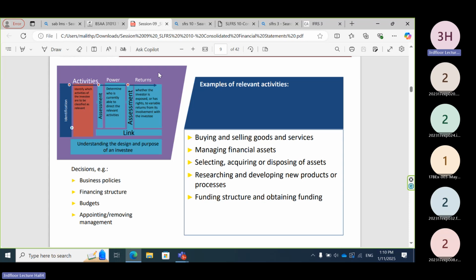Decisions may be policy decisions, budgetary decisions, maybe applying some standards or appointing, removing directors. So these are the actions. Through these activities, we are changing the return. By using the power, you are making these decisions to change these activities.